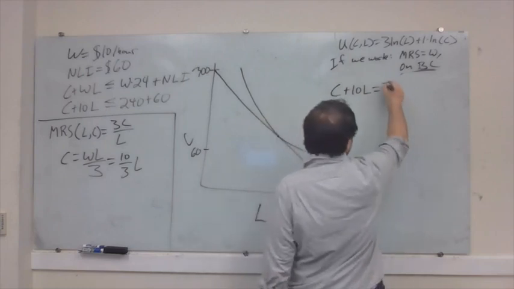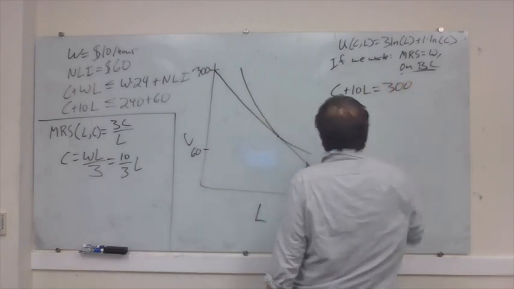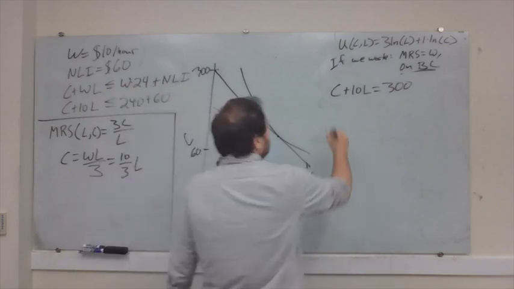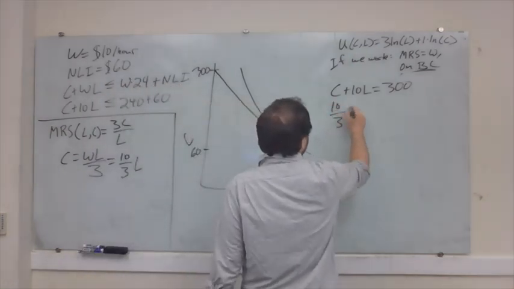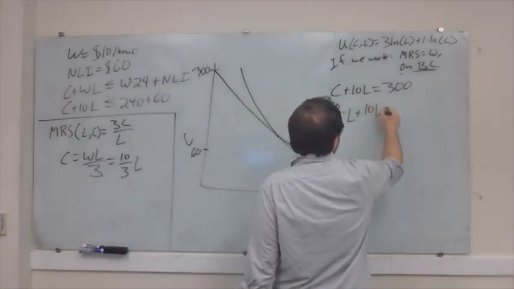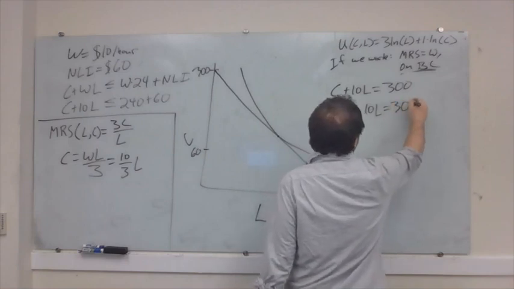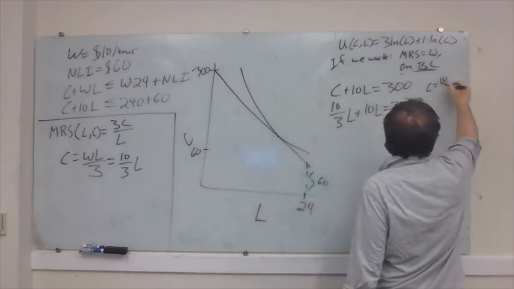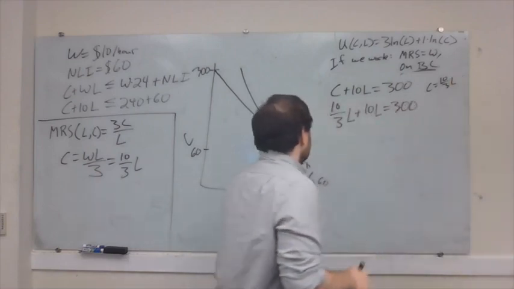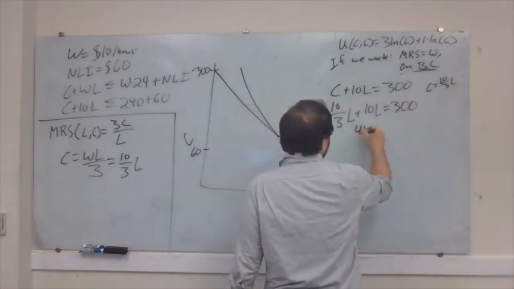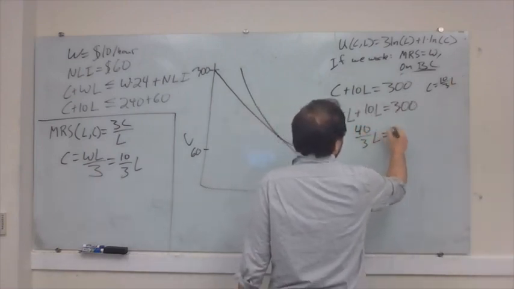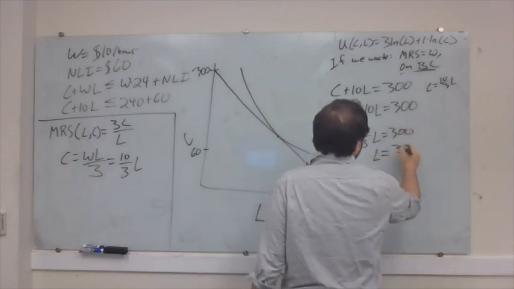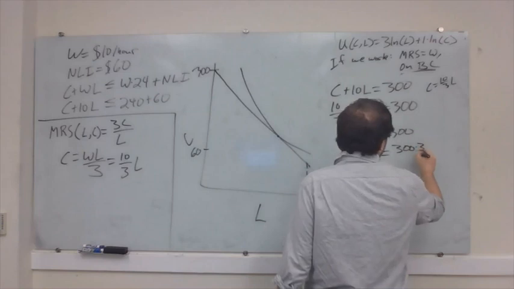I can plug in that C equals 10 thirds L. So 10 thirds L plus 10L equals 300, because C equals 10 thirds L, which tells me that 40 thirds L equals 300. L is equal to 300 times 3 over 40, which is going to be 22.5.